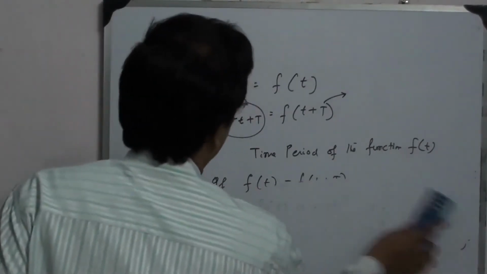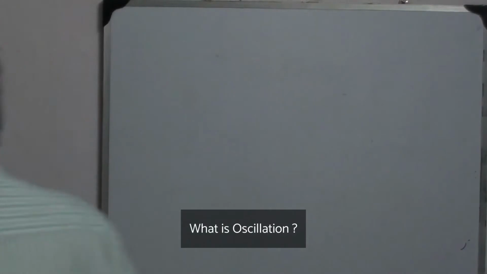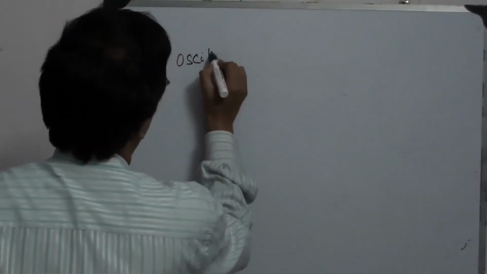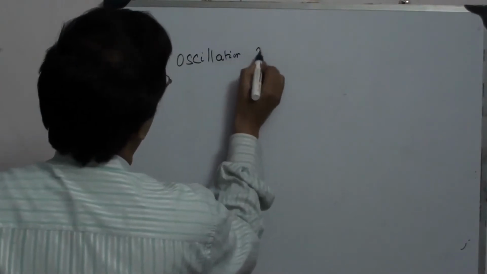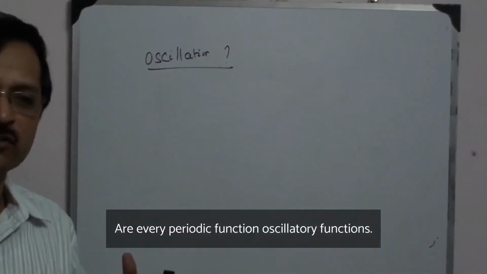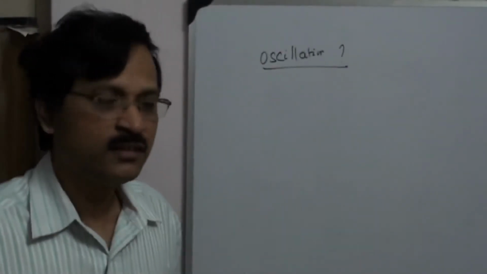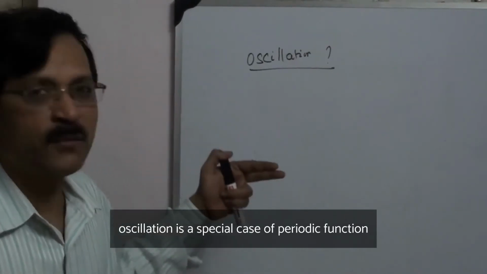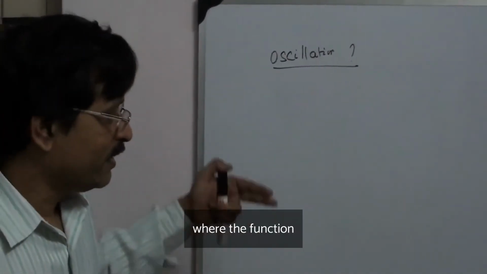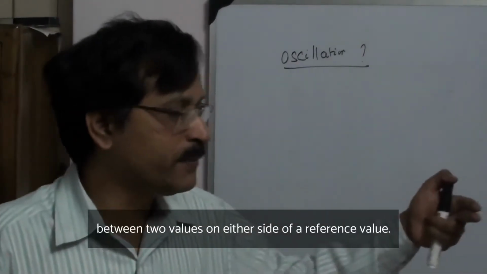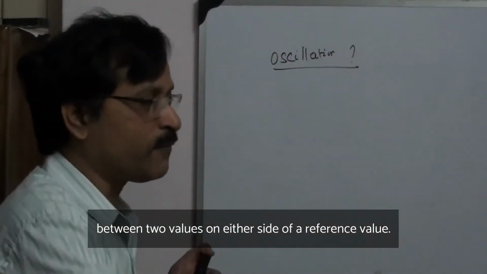Now, what is oscillation? Are every periodic function oscillatory functions? The answer is no. Oscillation is a special case of periodic function where the function moves back and forth between two values on either side of a reference value.